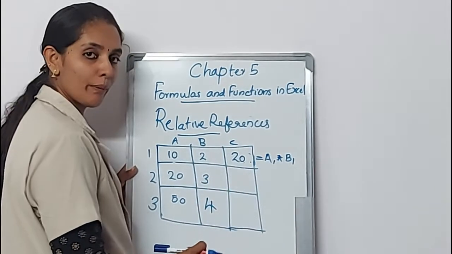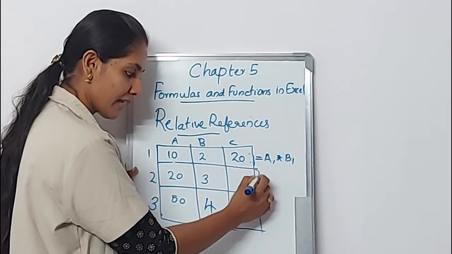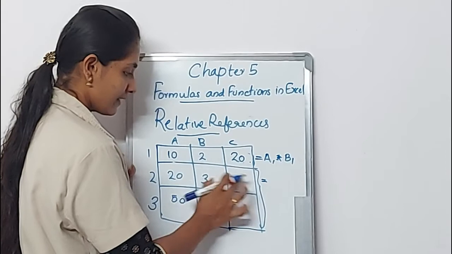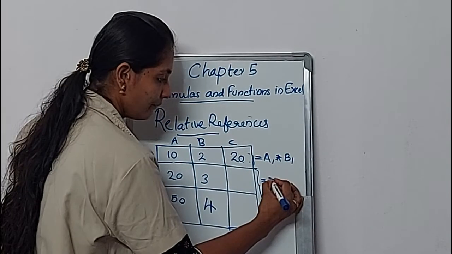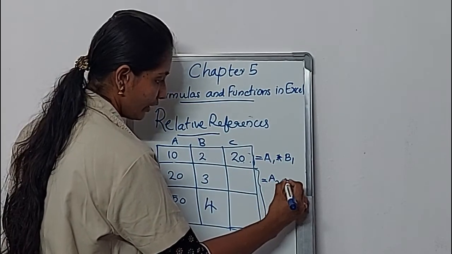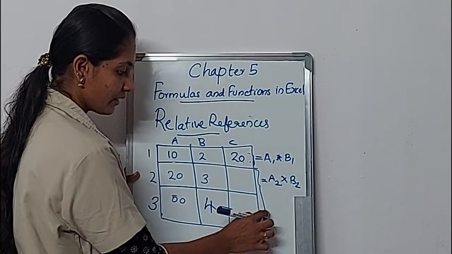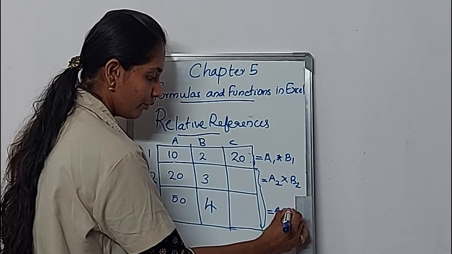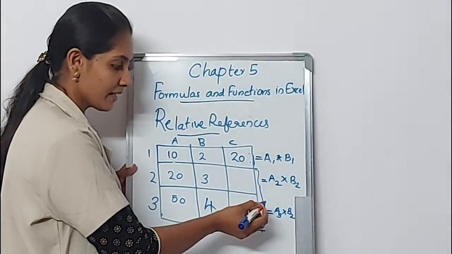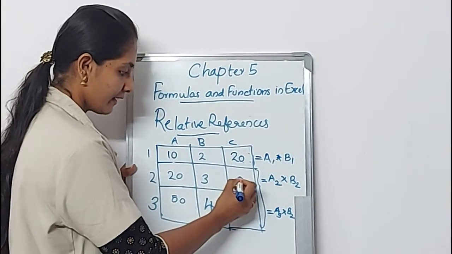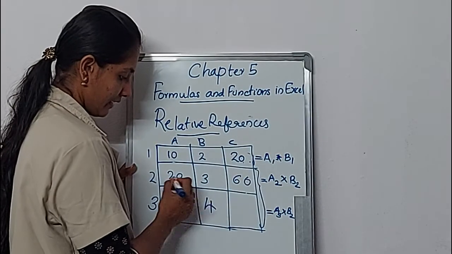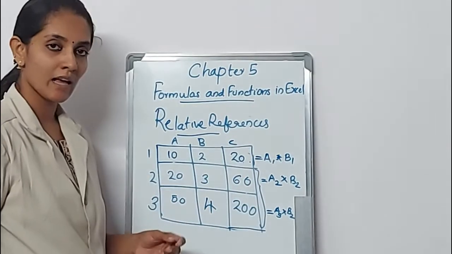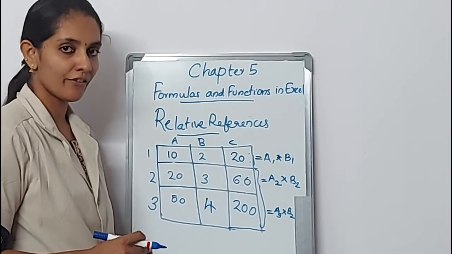After pasting this formula into these two cells, automatically the formula of this cell will become A2 into B2. And for this cell, the formula will become A3 into B3. After copy and paste, you can see the result in this cell. That is 20 into 3, 60, and 50 into 4, 200. So this is how we do relative references.